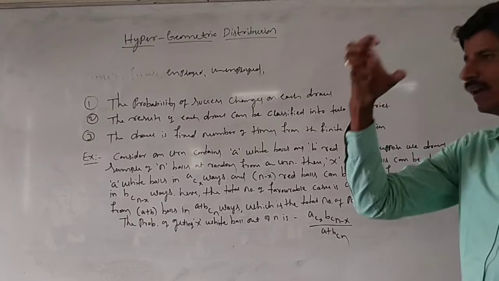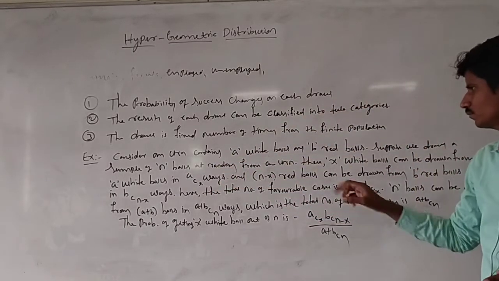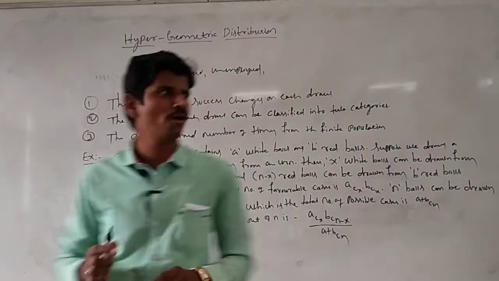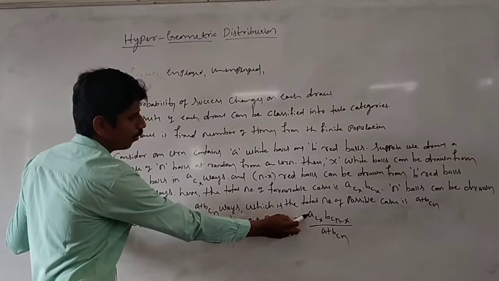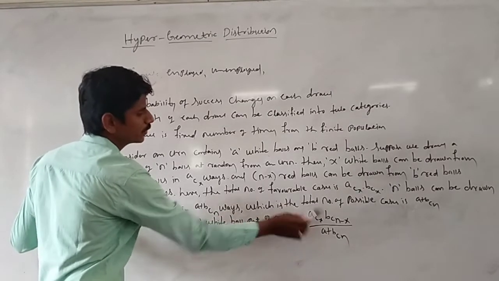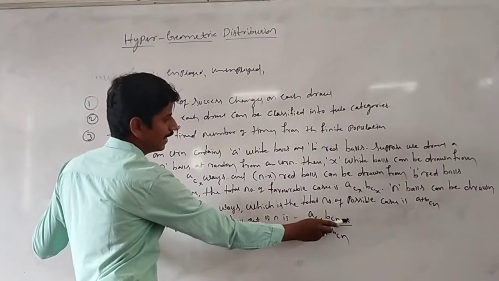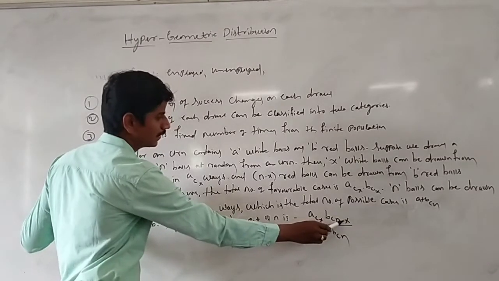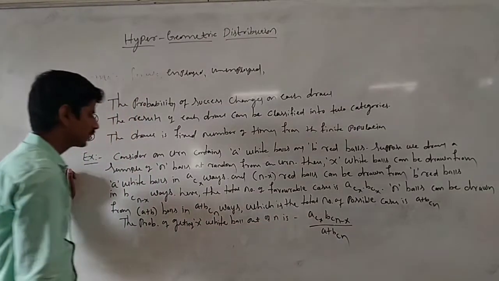Then X white balls can be drawn from A white balls in ACX ways, and n minus x red balls can be drawn from B red balls in BC n minus x ways.